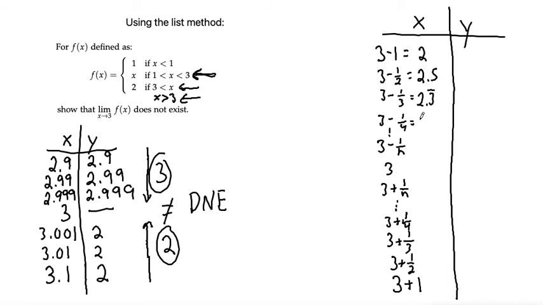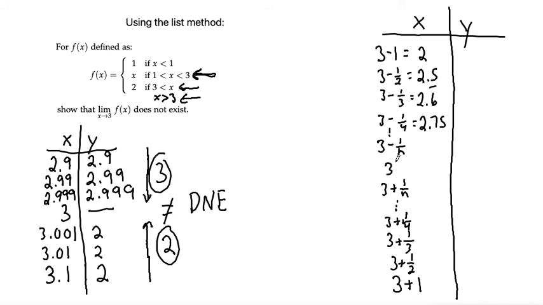I said that backwards, that would be 2.6 repeating. And then 3 minus 1/4 would be 2.75, up until you get to 3 minus 1 over n, which would be approaching 3 as n gets really large.